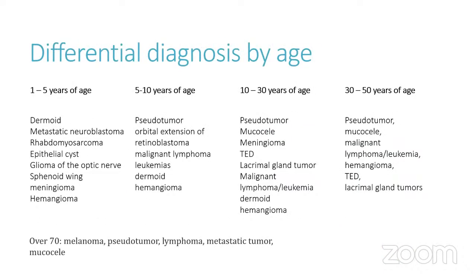Yeah, this one. So these are the most common causes as per the age. So I want you to know, for different age groups, what are the commonest causes, and as per the 6 P's, what are the features that you will see in each and every lesion. For example, dermoid, what are the 6 P's which are usually seen?